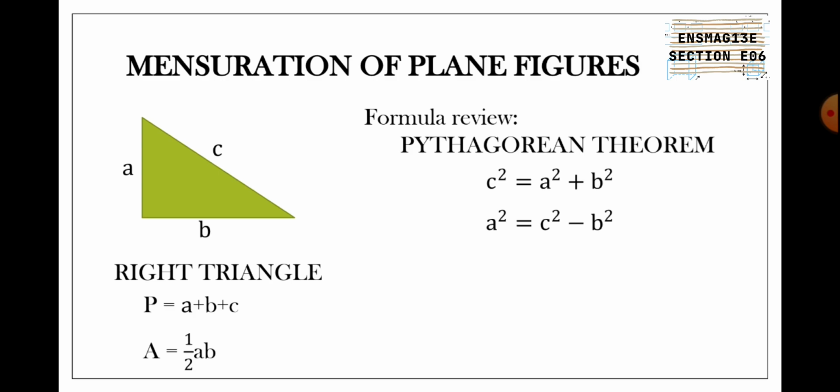Let's say we don't know the length of leg a. We can simply manipulate the Pythagorean theorem formula to give us a squared equals c squared minus b squared. By applying the values now, we can get the value of your a. Okay?